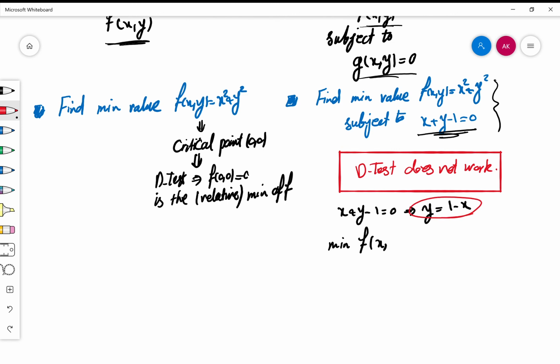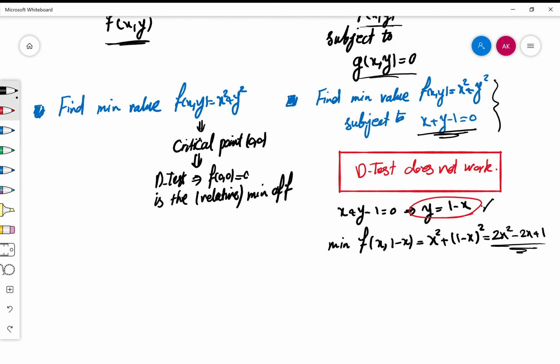So I'm interested only in f of (x, 1 minus x). It means that I'm looking for the minimum of x squared plus (1 minus x) squared, which if you simplify, you'll get 2x squared minus 2x plus 1. You see that what the constraint did is turn our minimization of a function with two variables into a function with one variable.